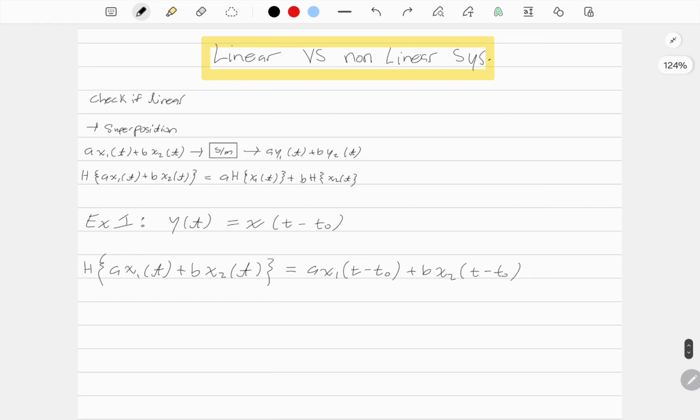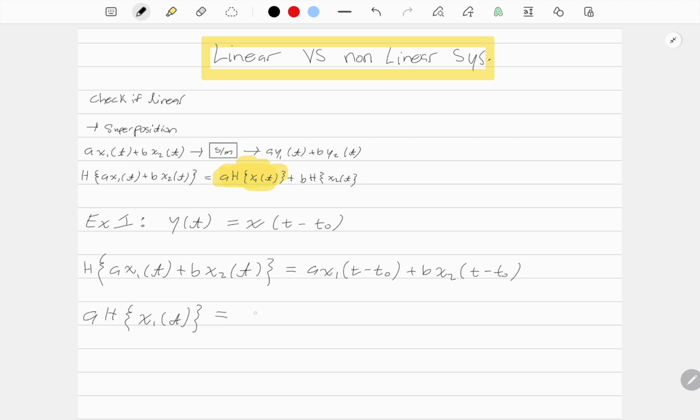So now we're going to do the right hand side of the equation, and I'll do it step by step. I'll start with this term here. So we have a h of x1 of t, and that is equal to, so we're going to apply our system.